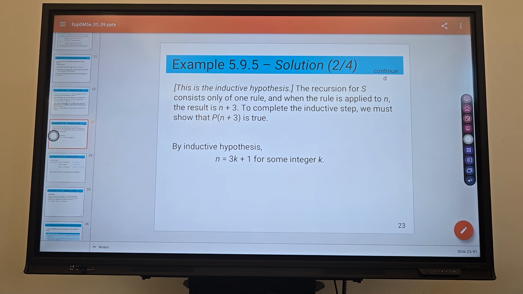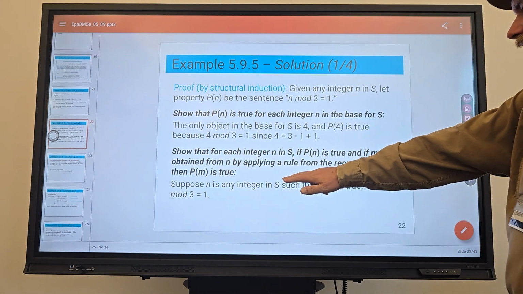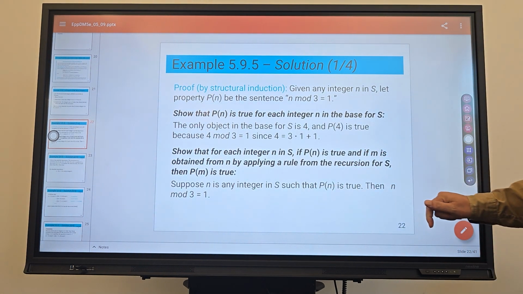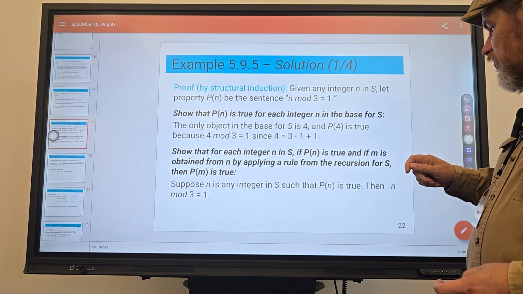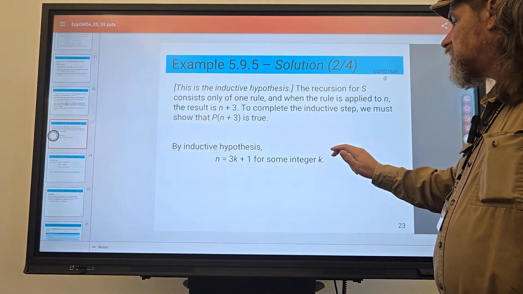By the inductive hypothesis, n should equal 3k plus 1 for some integer k. Okay? Because n mod 3 equals 1, so it would be 3k plus 1 equals n.